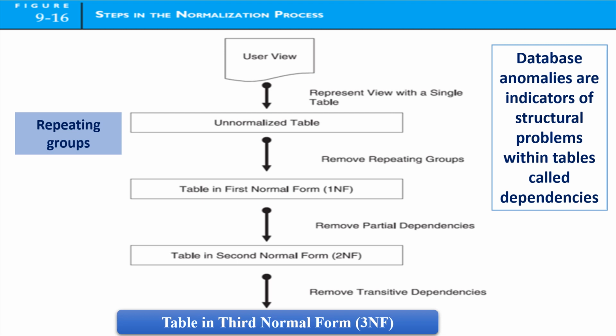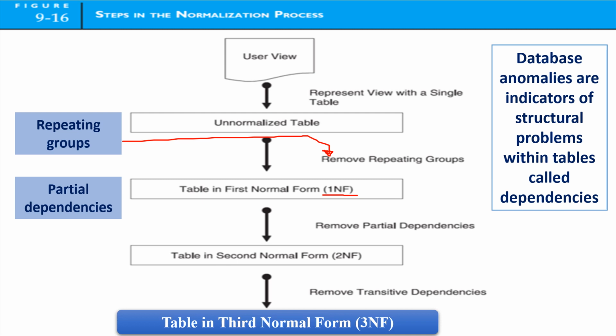So what should we do to improve this unnormalized table into a table in first normal form? We should remove the repeating groups, and we keep only single information to get rid of the repeating groups, and by that we meet the requirement of first normal form.